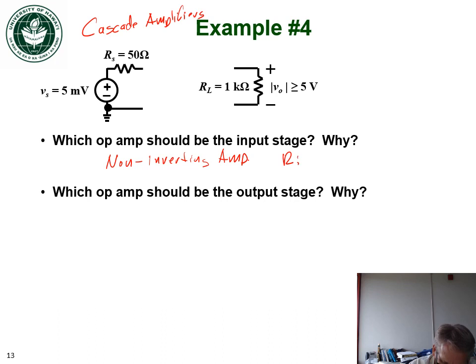Because the input resistance of the non-inverting amp is very close to infinite, really large, and that satisfies the input resistance spec. Now, which amp should be the output stage and why? Well, for both amps, the output resistance tends to 0, so really either amp would work.